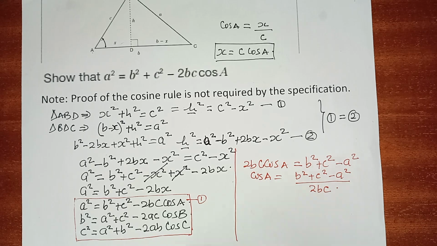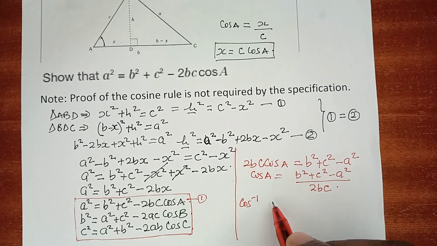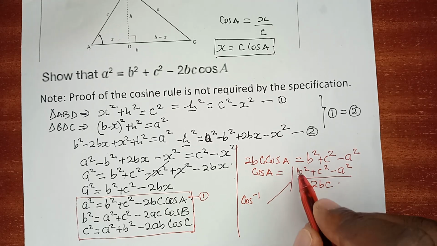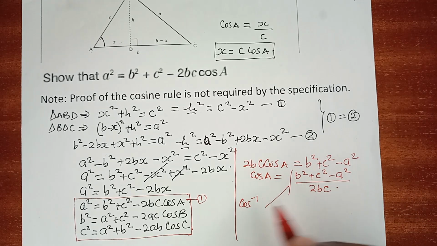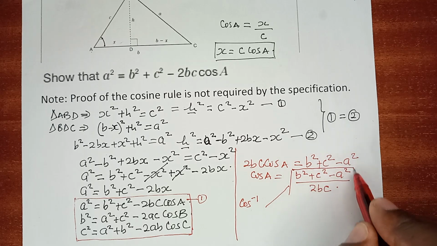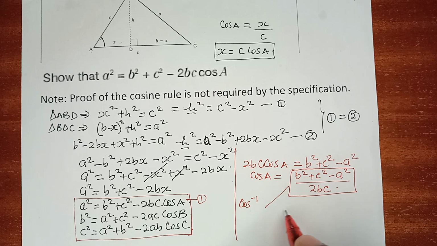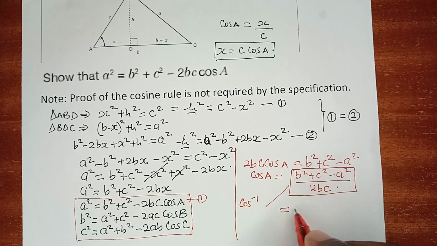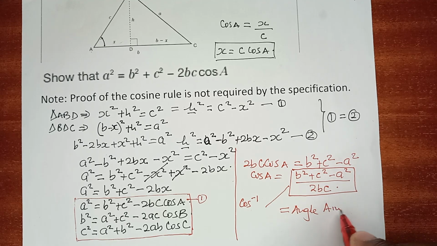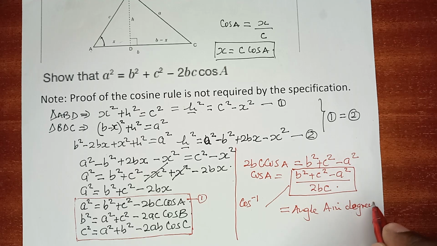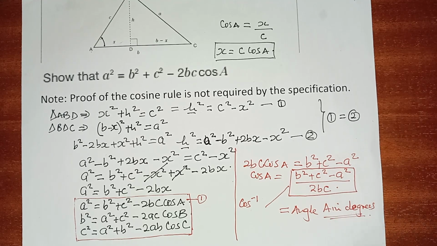And if you want to get the angle, it is now the cosine inverse of the whole of this, which is going to give you angle A in degrees.